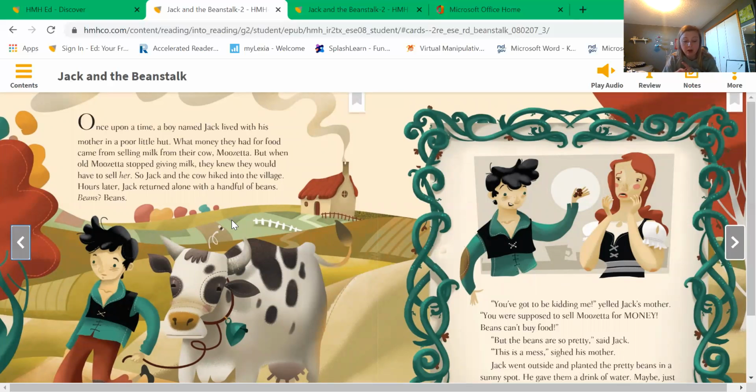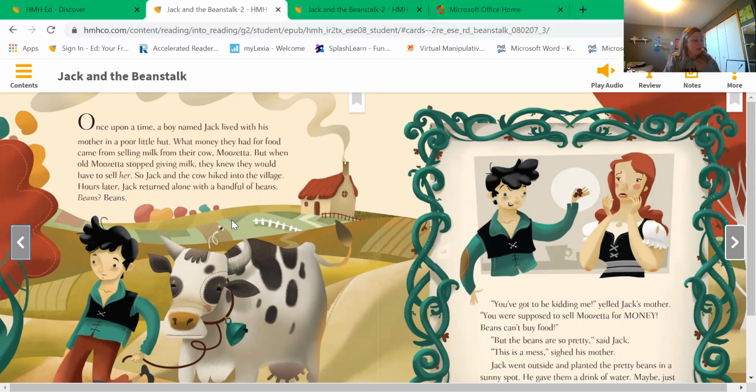They had this cow that they got milk from, and they would sell the milk for money, but then the cow is out of milk. It's not giving them any milk, so that means they're not getting any money. Okay, so what's the problem here? They live in a poor hut, and they're not getting any money from the cow. So that means they're not getting any food. So that's a big problem.